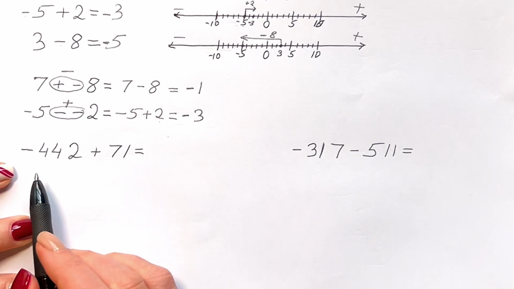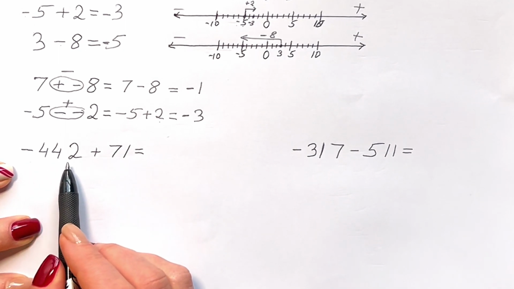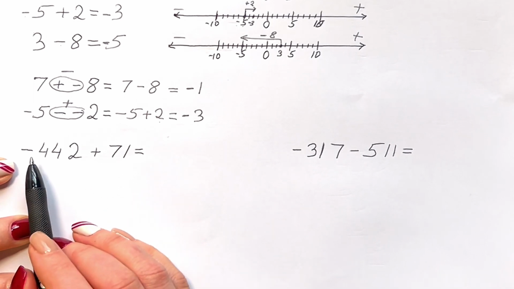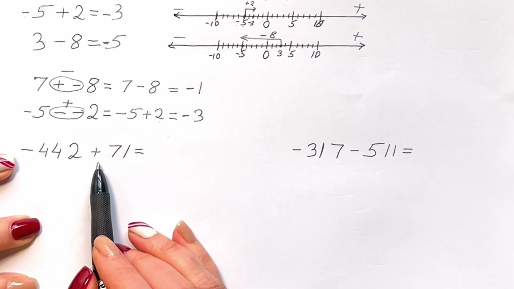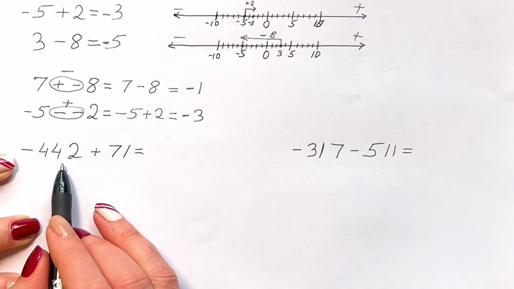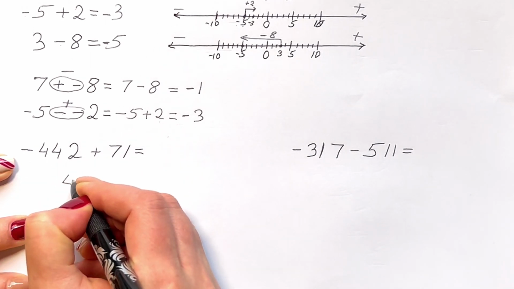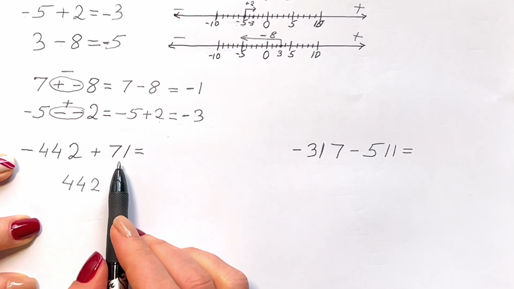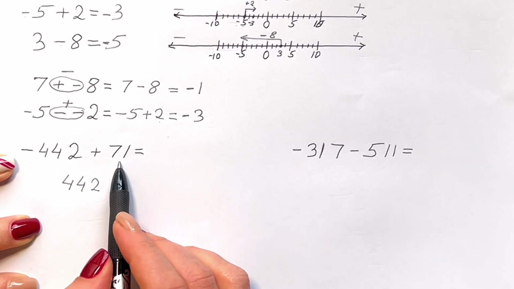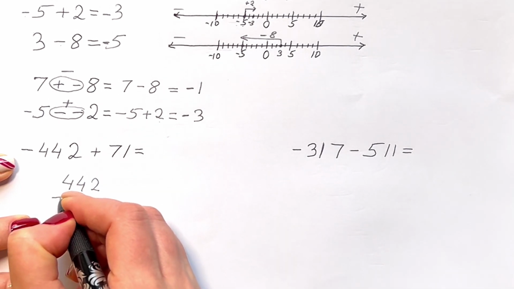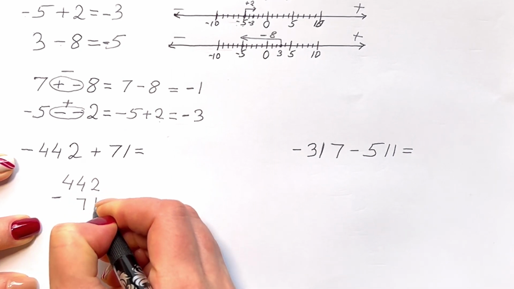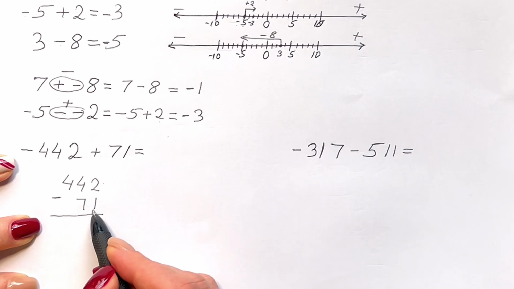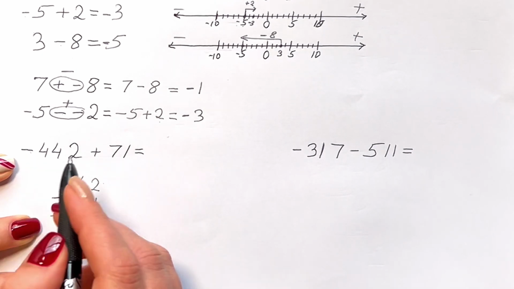For example, I have negative 442 plus 71. First of all, if I have one negative, one positive, from the biggest number, I'm gonna take away the smallest number and put the biggest number's sign.